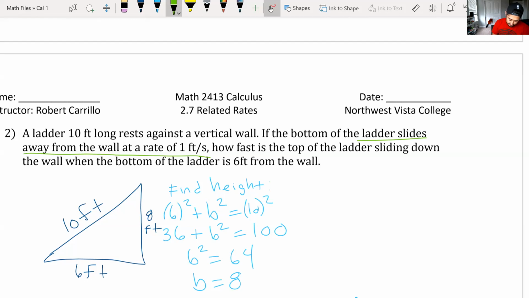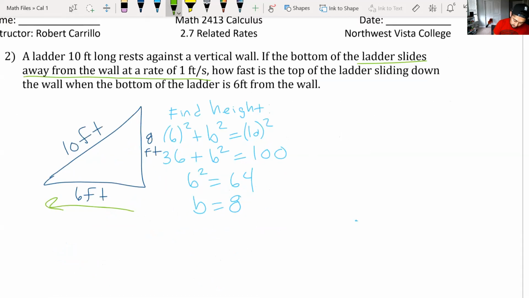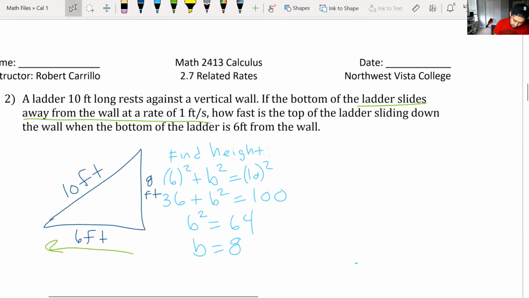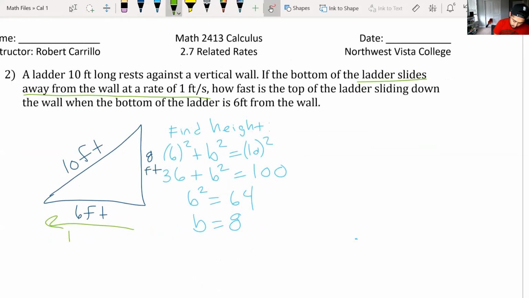So this means that we are sliding out this way, and we're going to put 1 foot per second. That's our ladder sliding out that way. And what we want to know is how fast the top of the ladder is sliding down, when the bottom of the ladder is 6 feet from the wall. So we want to know how fast the ladder is going to fall down.